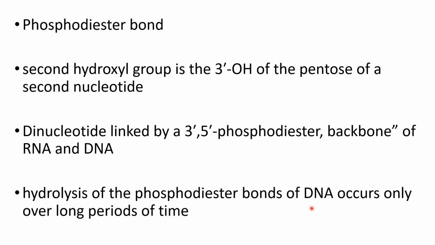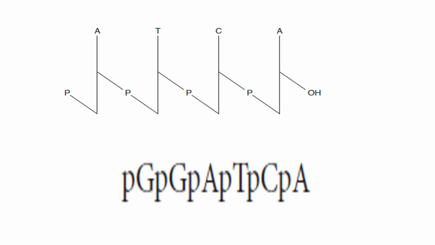The presence of this oxygen also reduces the strength of the nucleic acid. DNA, the deoxyribonucleic acid, has a deficiency of oxygen, so it is more stable as compared to RNA.